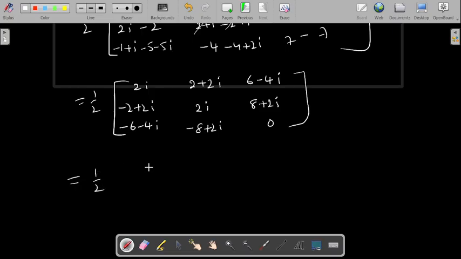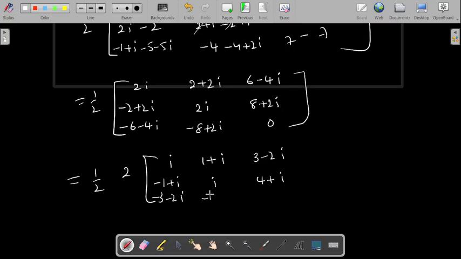That is 1 by 2 times 2 into I, 1 plus I, 3 minus 2I, minus 1 plus I, 2 common, I, 2 common, 4 plus I. Next minus 3 minus 2I.